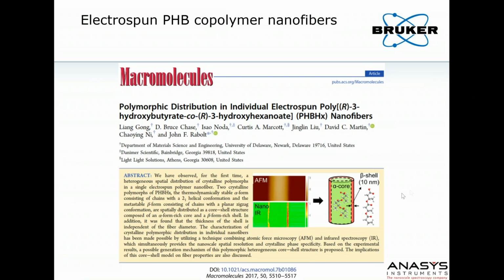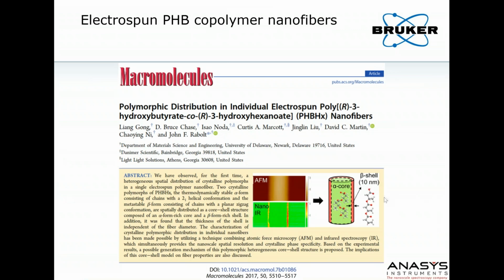If you image at the high wave number component of the PHB copolymer carbonyl band, we see that the outer layer of the sample, the shell, which is only 9 nanometers across, lights up as being strongly absorbing. This paper, which just appeared in Macromolecules last year, shows that the core of these PHB copolymer fibers is mainly helical, but on the outside is this 10 nanometer thick shell.